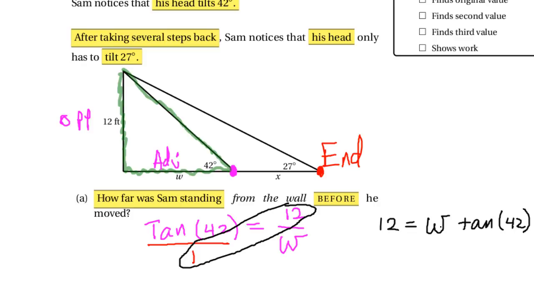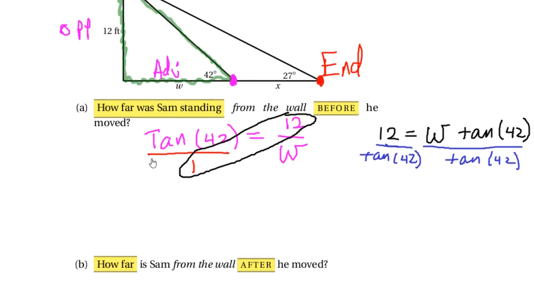I know that I don't want W times tangent 42. I want just W by itself. So because W is being multiplied, I have to divide both sides by this tangent 42. And I'm going to divide by tan 42 on this side as well. So that's going to give me my answer for part A. So at this point, I know what W is.